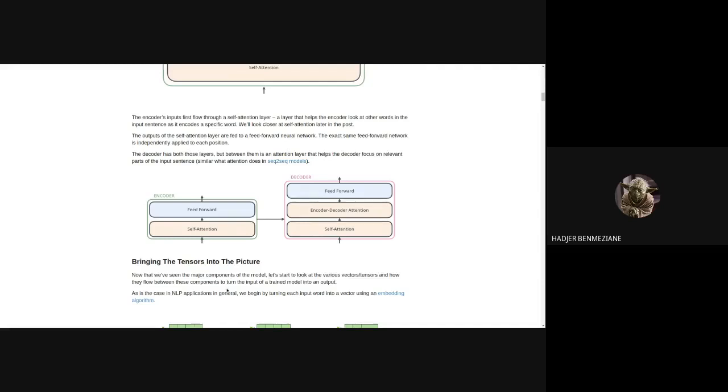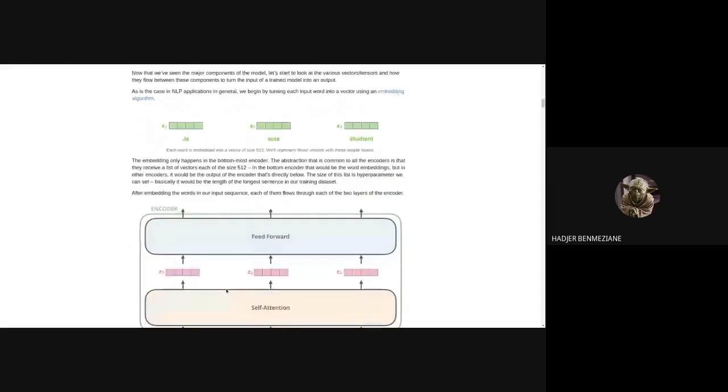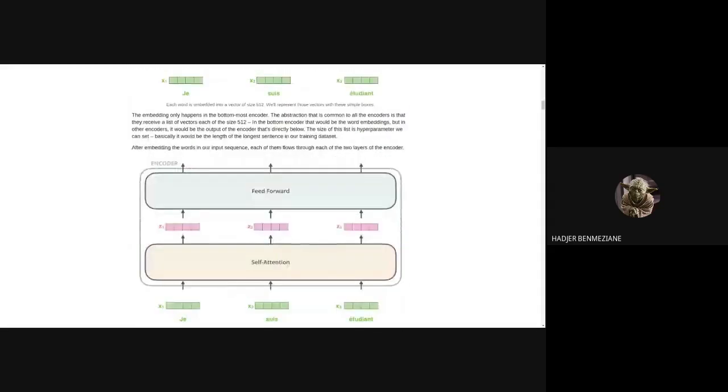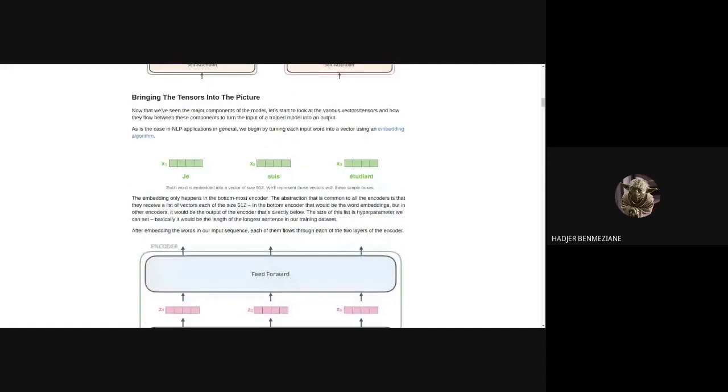So as we decided at the beginning of this reading session, each word in a sentence will be transformed into a vector of a fixed size. We choose this fixed size at the beginning. It's generally 512 or 256 or something like this.